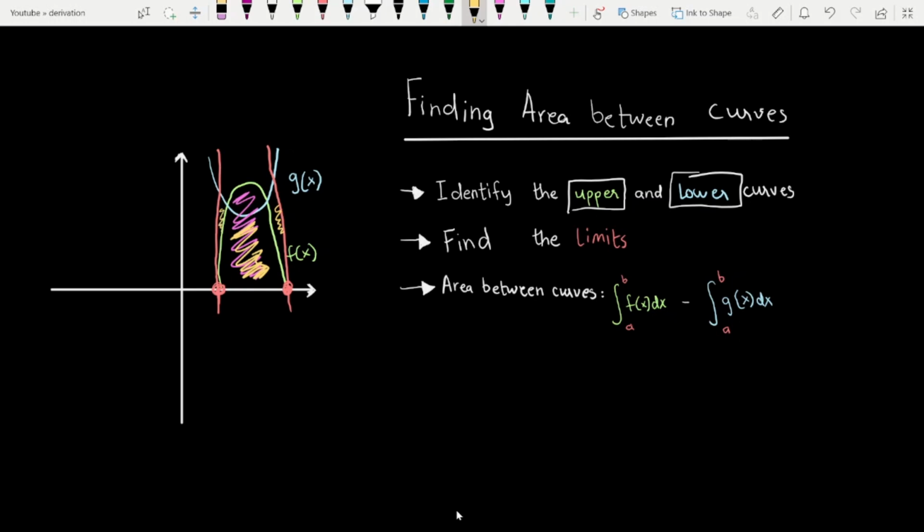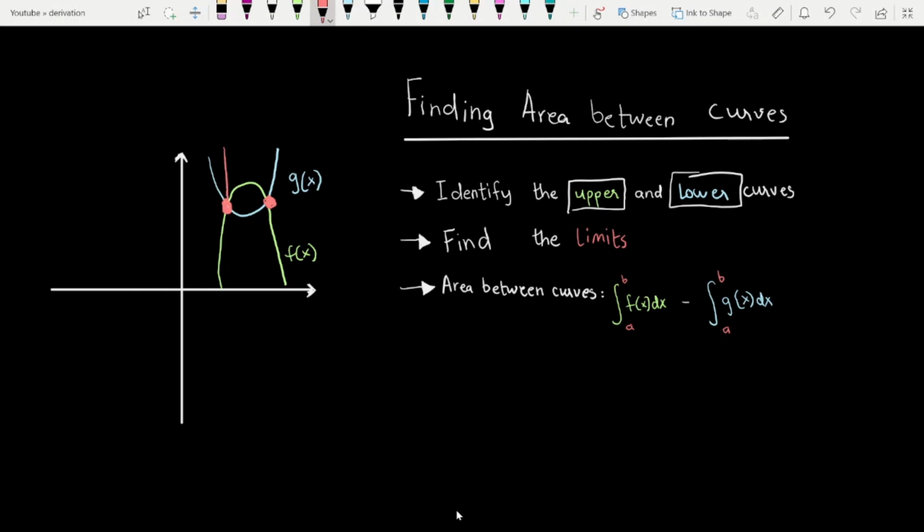So you can clearly see these are not the right limits, these are not the right bounds. I need different bounds. Why? Because I don't need this area right here and this area right here. So we take different bounds, and I'm going to check out these 2 points.